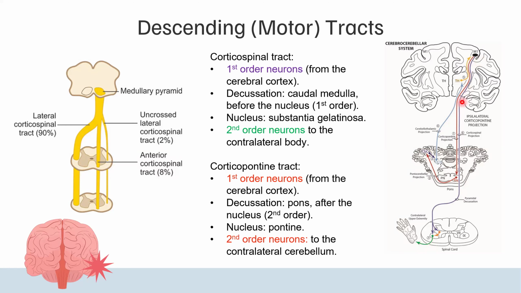Then as they reach the pons, they will have a nucleus where they will synapse. After the synapse, you will have the second order neurons arising. The second order neurons are going to decussate to the other side. They're going to cross over to the contralateral side, and then they are going to supply the cerebellum of this contralateral side. Okay? Does that make sense?